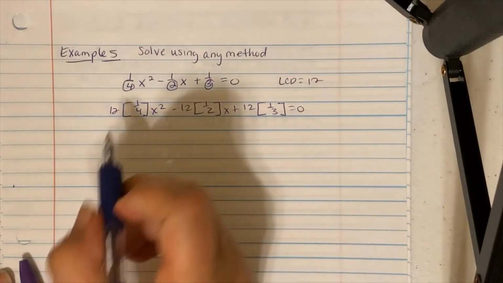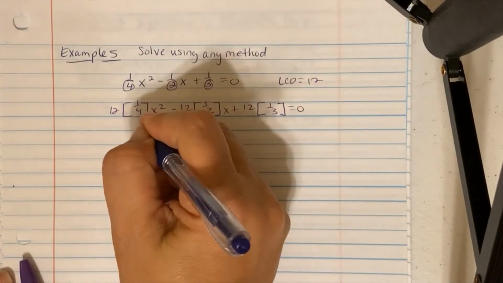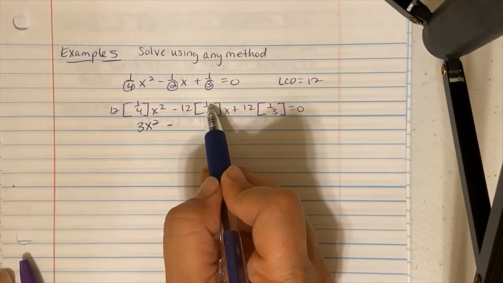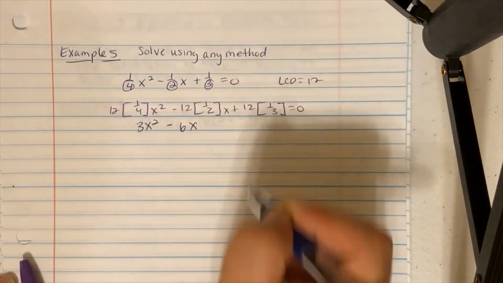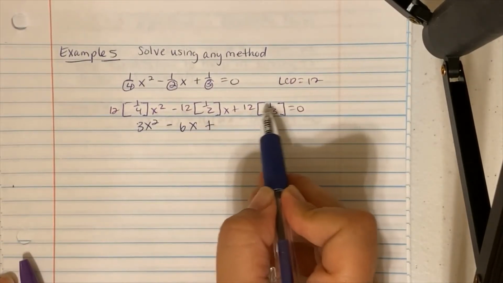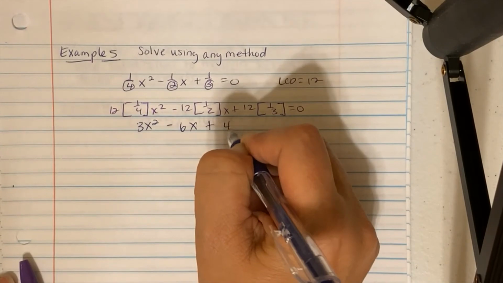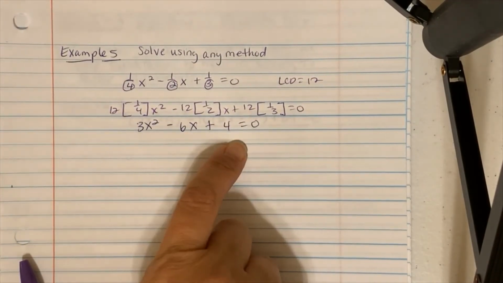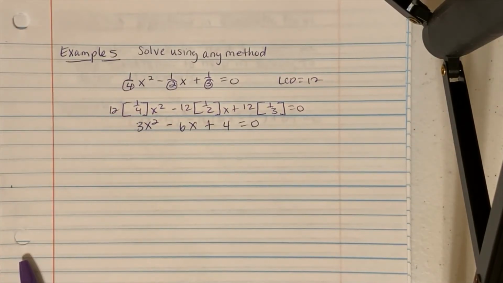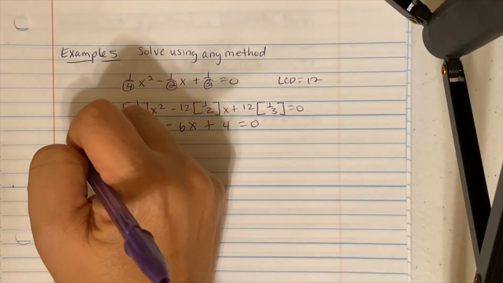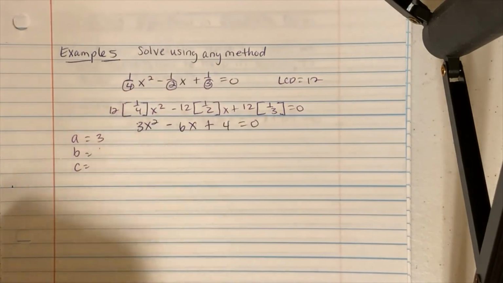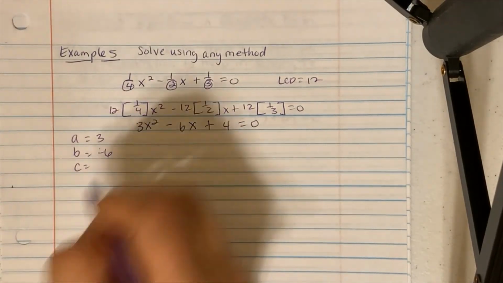So 12 times 1 is 12, divided by 4 makes it 3x squared, minus 12 times 1 is 12, divided by 2 is a 6 with an x, plus 12 times 1 is 12, divided by 3 is a 4, equal to 0. Now we have our A, B, and C. So you can either use completing the square or the quadratic formula. In this case, since I can figure out what my A, B, and C is, I'm going to use the quadratic formula. So A is a 3, B is a -6, and C is a 4.